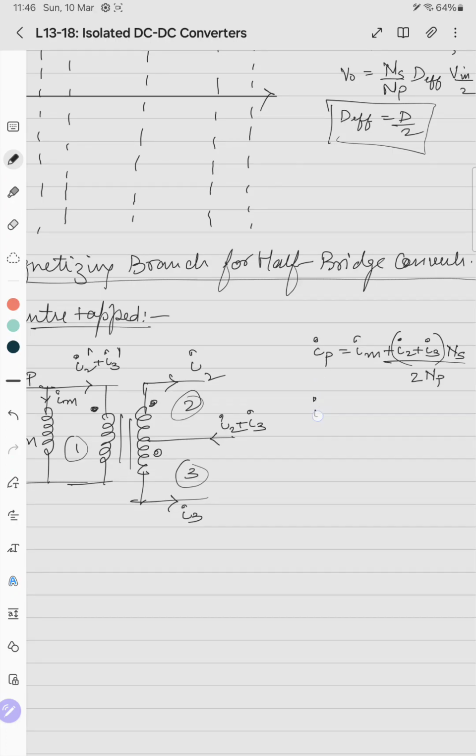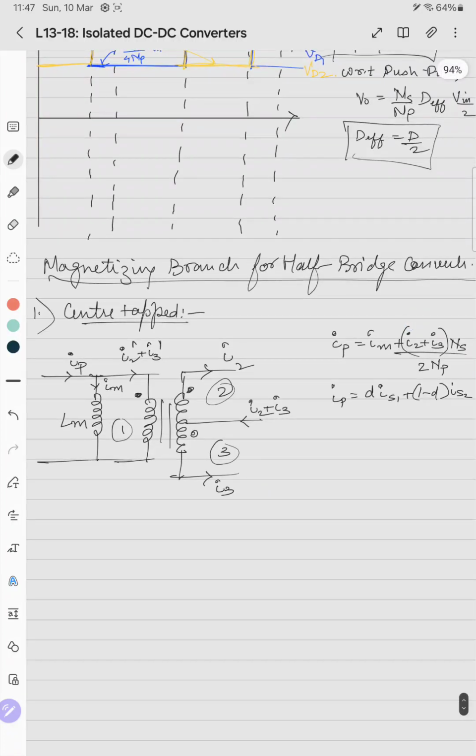So IP, what you can write is D into IS1 plus 1 minus D into IS2, because when the switch is on, IP is IS1. When the switch is off, IP equals IS2. Simply I can write in terms of this. So this is the case.